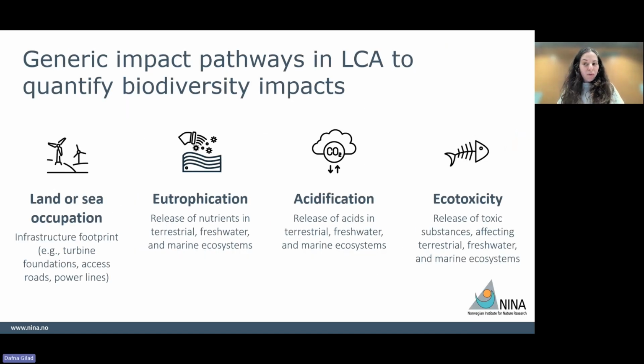So as was mentioned before by Matthias and Roel, biodiversity impacts can be quantified in LCA by using generic impact pathways like land occupation or ecotoxicity. So these impacts are then linked directly to the lifecycle inventory and can be used by LCA software.